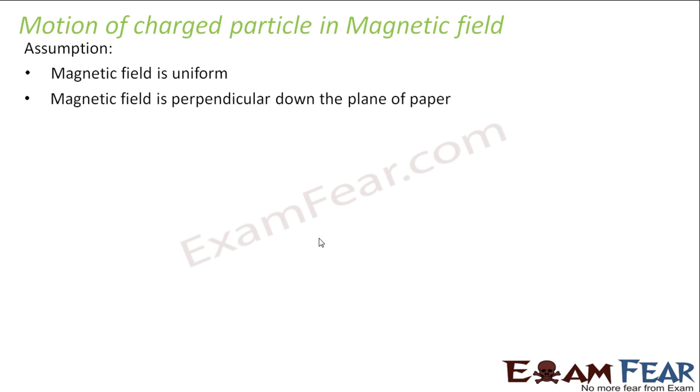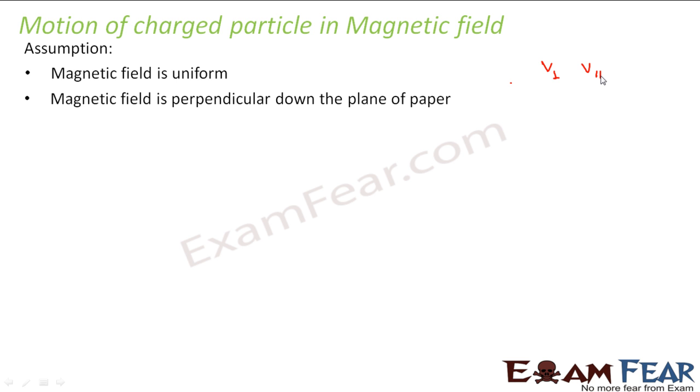So now we will look at the motion of the charged particle. What will decide the motion of a charged particle? Obviously, the velocity of the charged particle can give us a clue how the particle will move. Let us suppose the velocity of the particle is v. Any particle moving with some velocity v, that v will have two components: one is the perpendicular component and another is the parallel component.